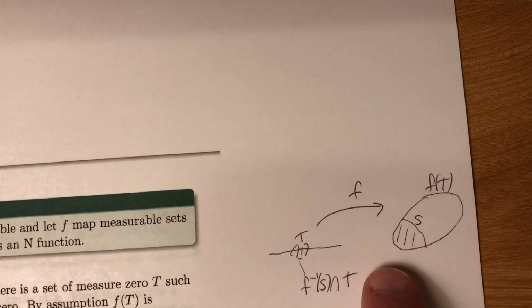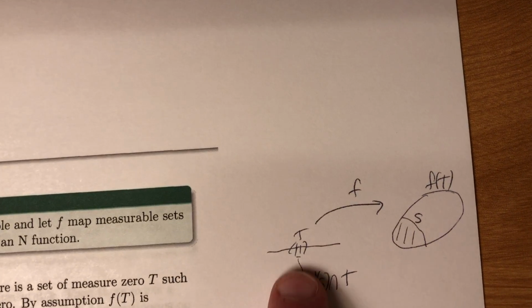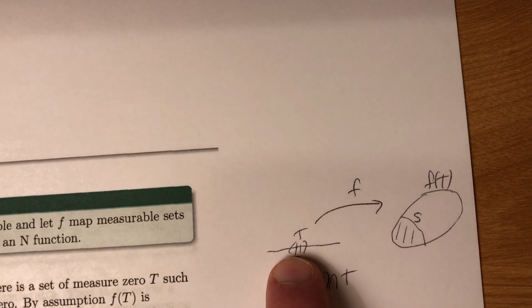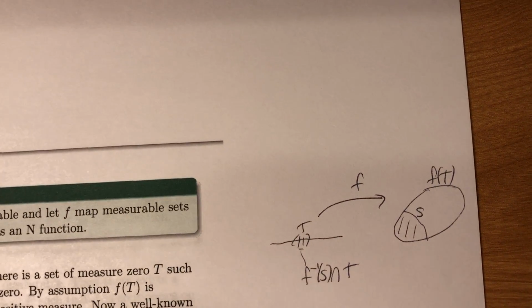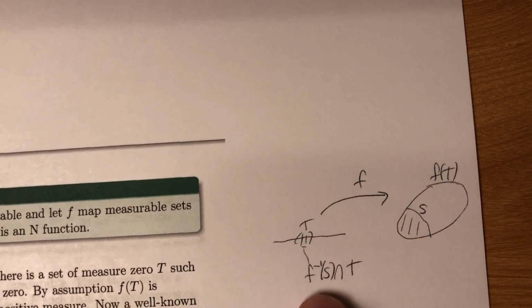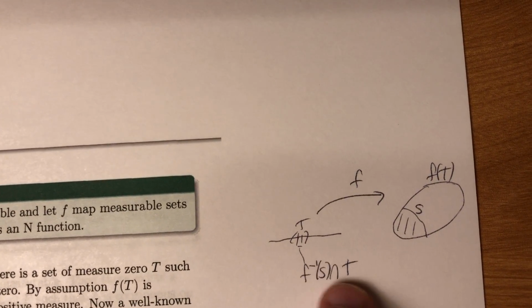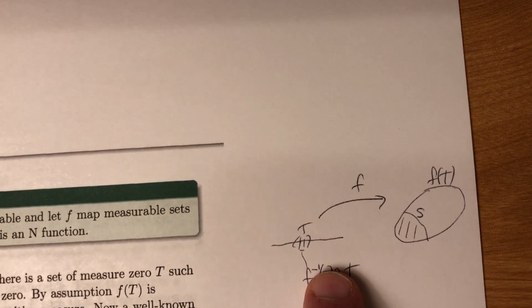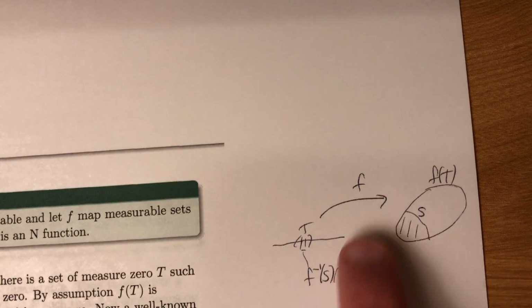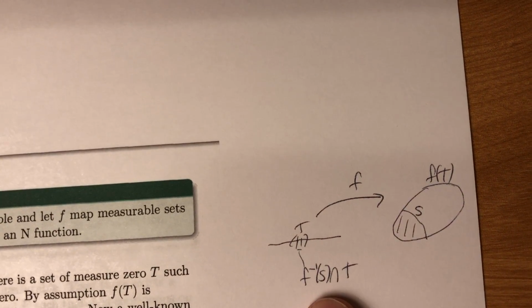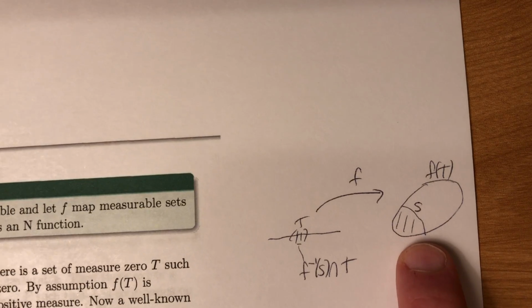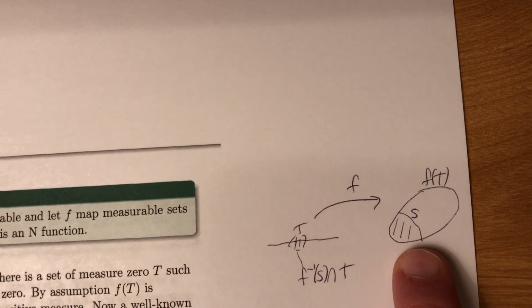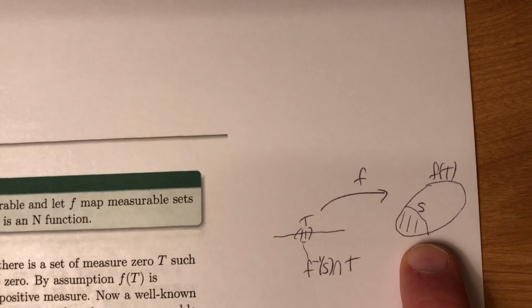Okay, so if you pull back this set S and intersect it with T, you get a subset of T, but T was a set of measure 0, so this will also be a set of measure 0. And now f has to map this set of measure 0 onto this set S, which was non-measurable.